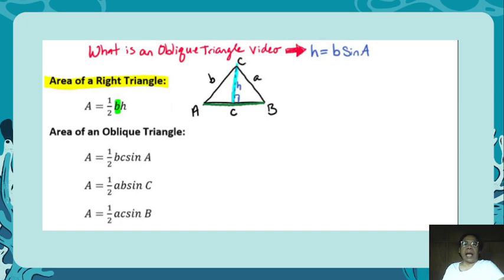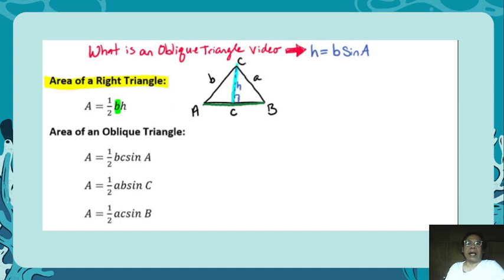What is an oblique triangle? An oblique triangle is a triangle with no right angle. Here, the area of a right triangle, as we know, is 1/2 times the base times the height, and the height can be determined using the sine of the angle.